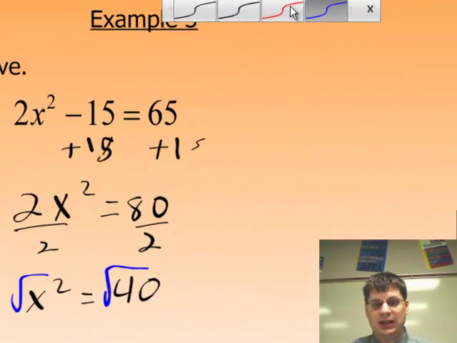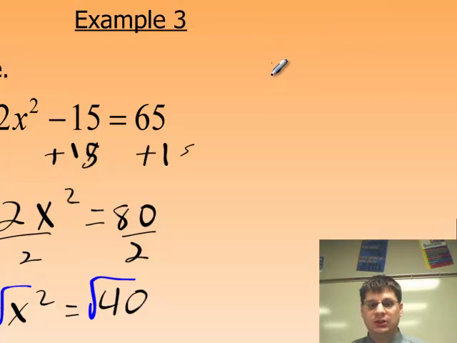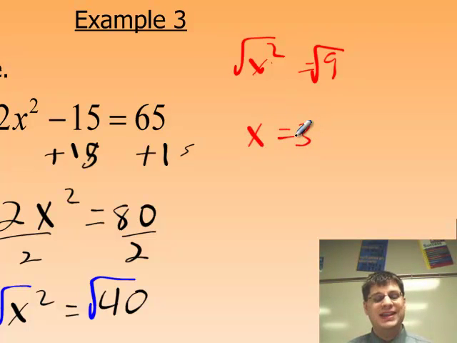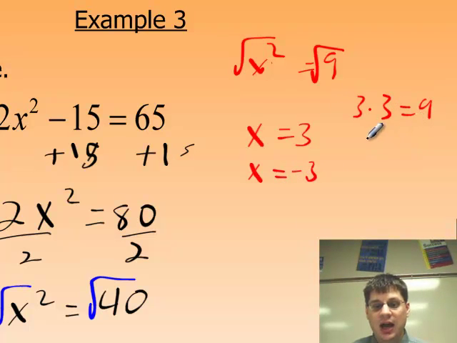So let me just do a side example here. Let's say, for instance, I have x squared equals 9, and I want to figure out what x is equal to. So I would take the square root of both sides here and here. And you would say, well, then x is equal to 3. But that's not entirely correct, because x could be negative 3 as well. Because we know that 3 times 3 gives us 9, as well as negative 3 times negative 3 gives us a positive 9.